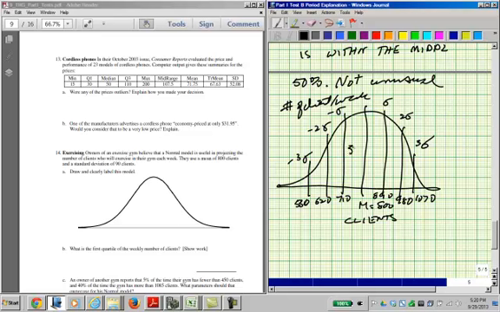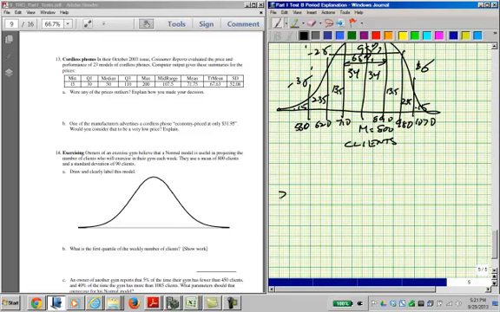Okay, and this is 34%, 34, 13 and a half, 13 and a half, 2.35, 0.15, and 0.15. 68%, 95% between -2 and +2, and then between -3 and +3 is 99.7%.